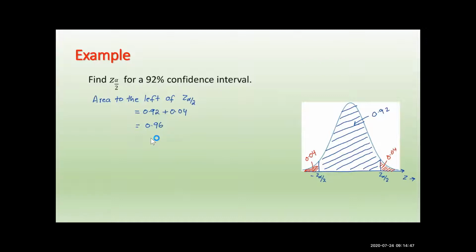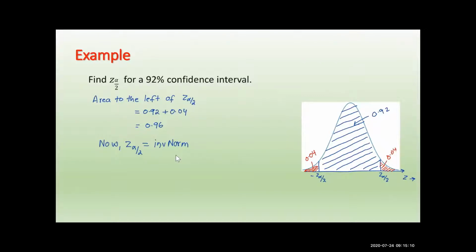In your calculator, make sure you write this: Z alpha over 2 is equal to inverse normal. This is the command that you use in your TI-84 calculator.